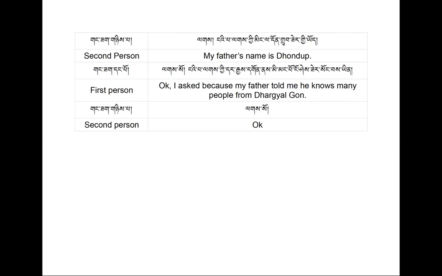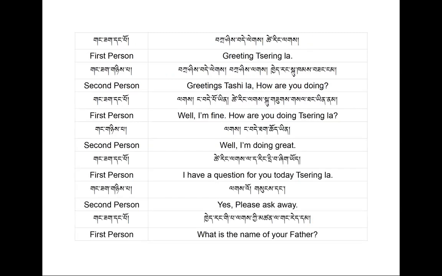So you can ask for their family, the names of their family members, like their parents. So it's quite the same. The structure is the same, like we learned before when we had to say "my name is", right?